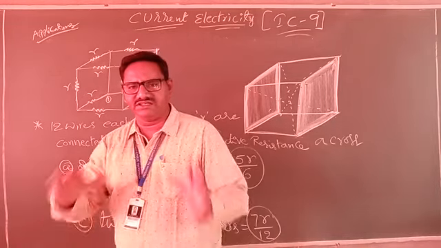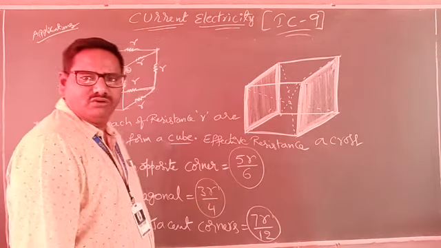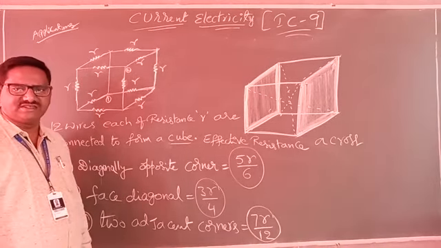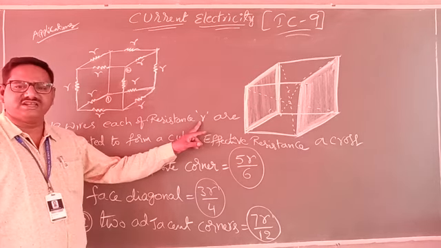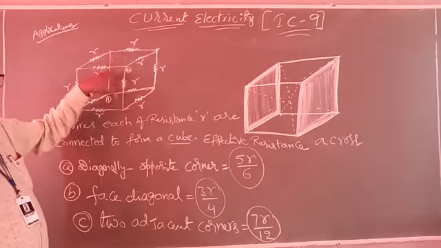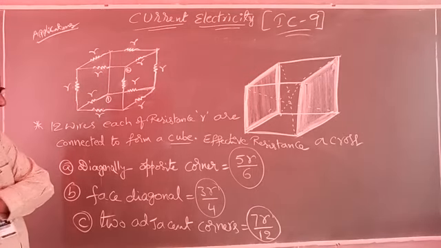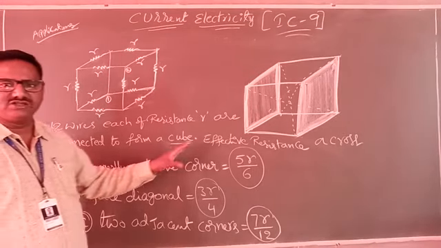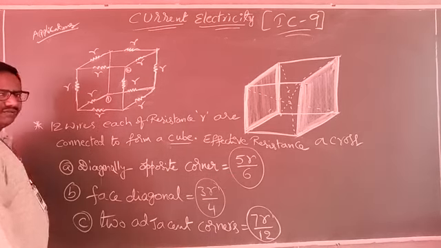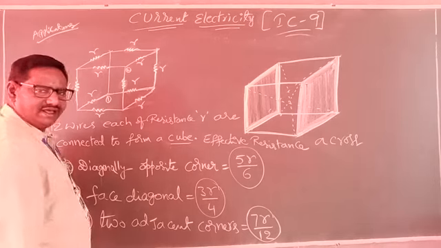Total how many? 6 surfaces. Now, in each edge, if I consider one resistance, and that resistance value is R, and if they all have equal resistances, then here I will give a small shortcut for KCET and NEET. Try to follow that, and at mains level also you can use that directly.